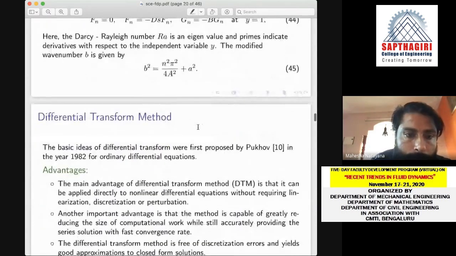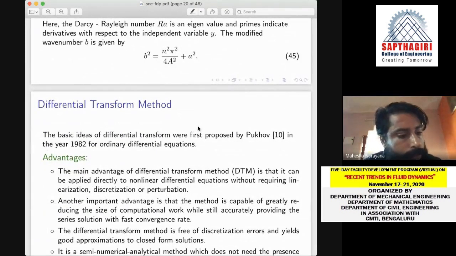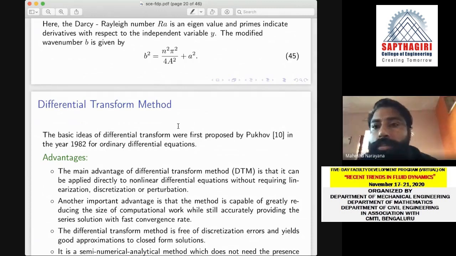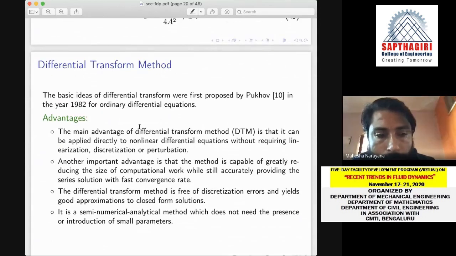Okay, and now comes the Taylor series method to be used as the solution procedure for this particular problem. All right.